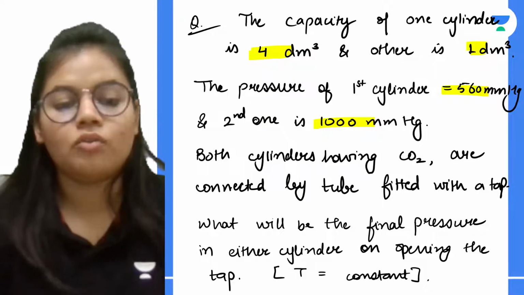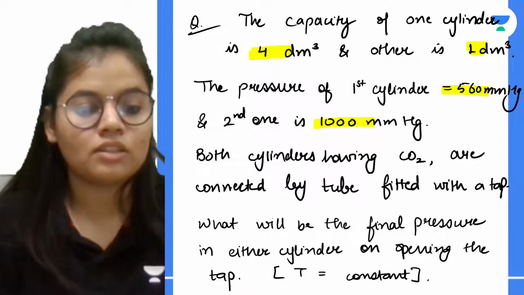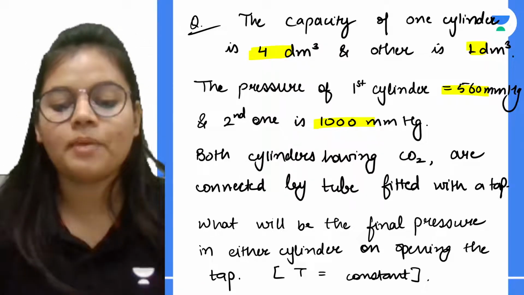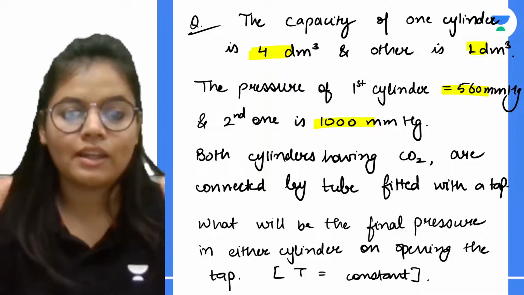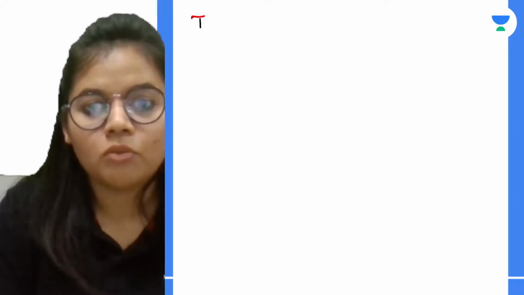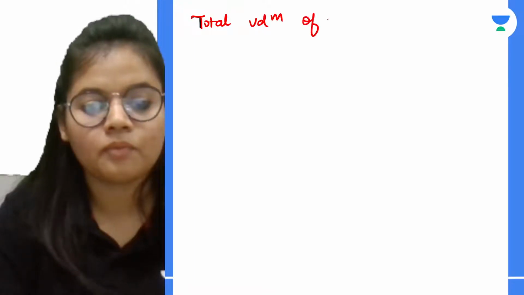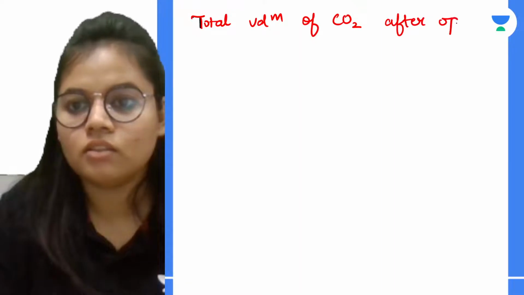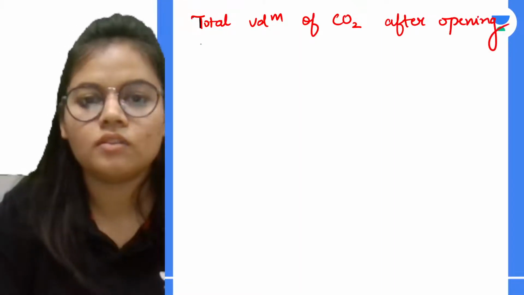Now first of all let us try to understand this question. It is although a very simple question but a little tricky. First of all it is said that these both cylinders are connected by a tube. So what will be the total volume as soon as we open the tap? So total volume of carbon dioxide after opening tap.